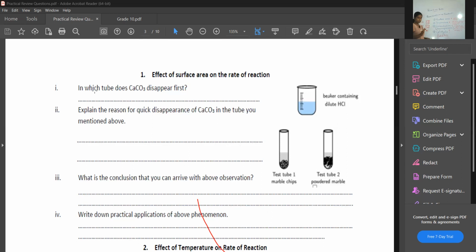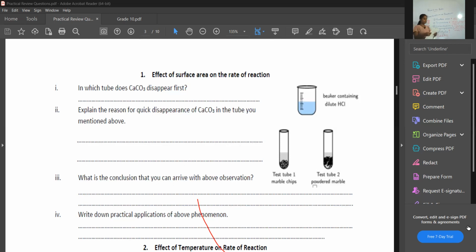If some substances decrease the rate, they are called inhibitors. Only one example is given in the book. You have to go through these things. Then we will move to the question.